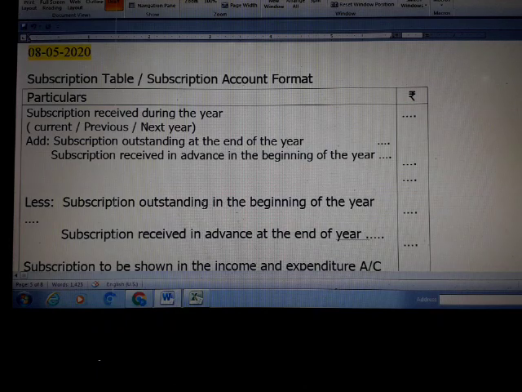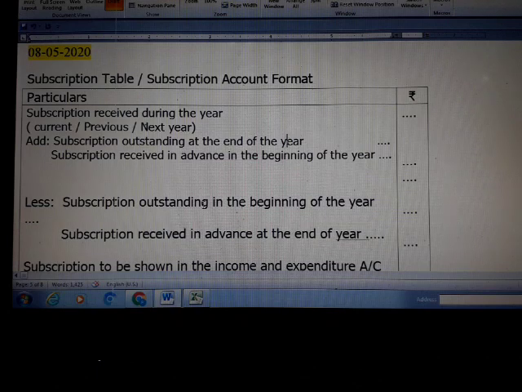Can you understand? That is, the subscription outstanding on 1st of April 2019 is nothing but the closing outstanding subscription for the financial year 1st of April 2018 to 31st of March 2019.